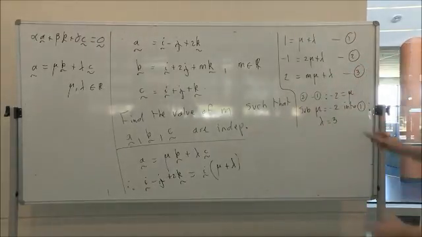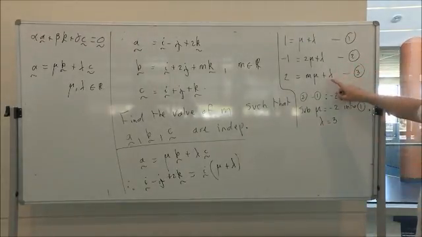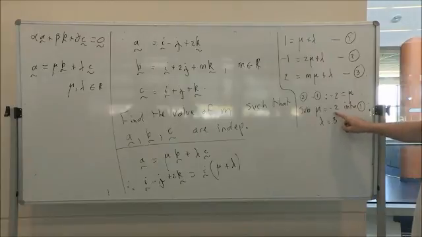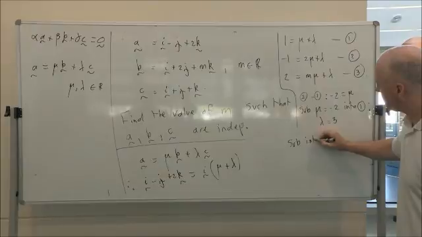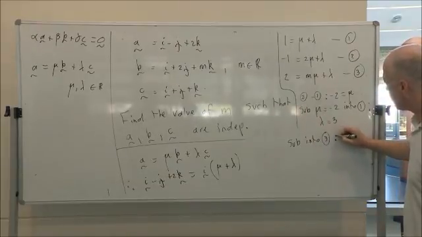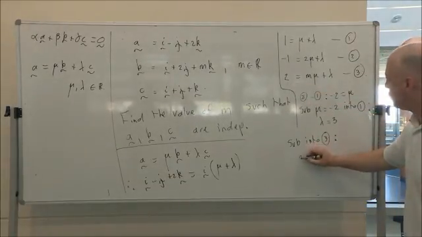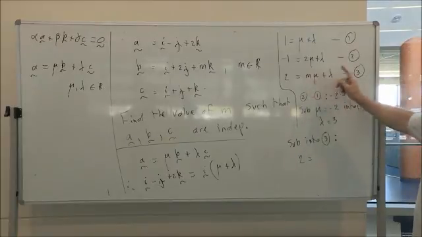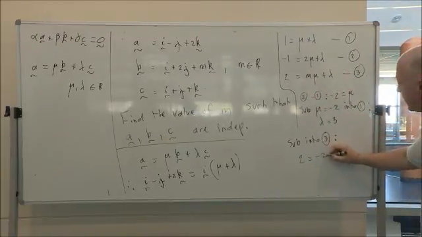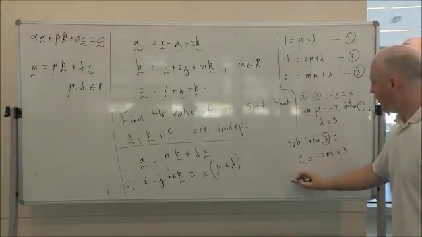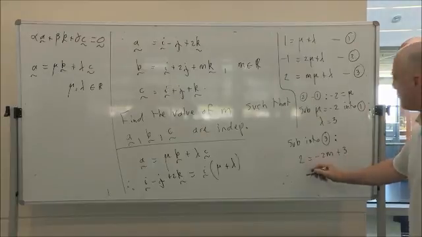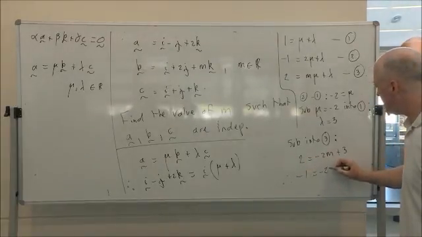Okay. Now, if I know that lambda is 3 and mu is equal to -2, I'm going to sub all of that into equation 3. If I do that, I'm going to have 2 is equal to m times mu, which is -2m, plus my lambda, which is 3. And so, therefore, we'll subtract the 3, and we get -1 is equal to -2m.